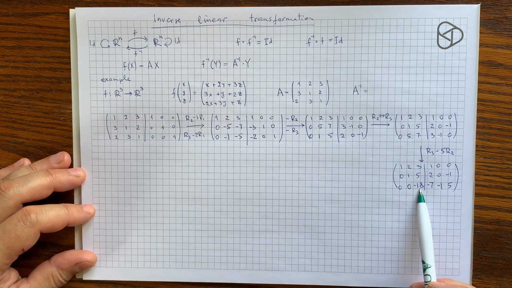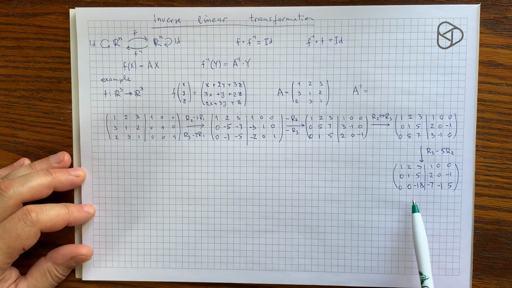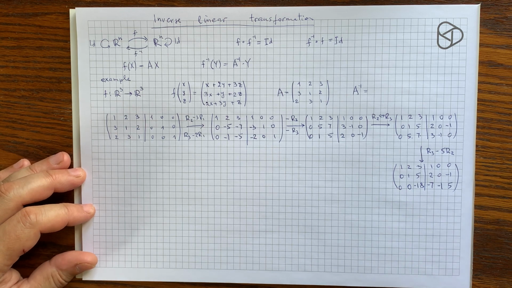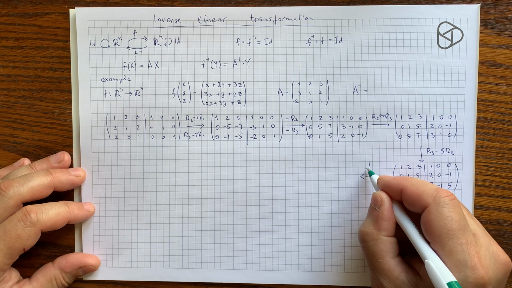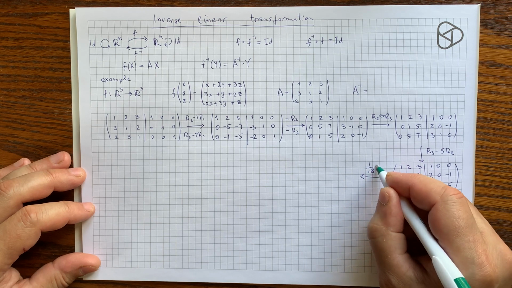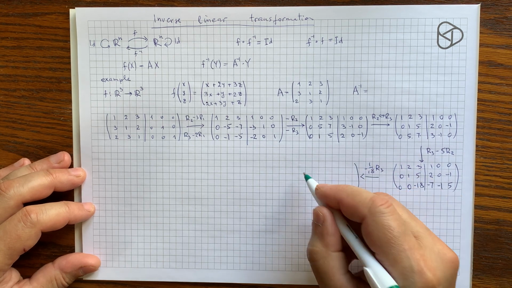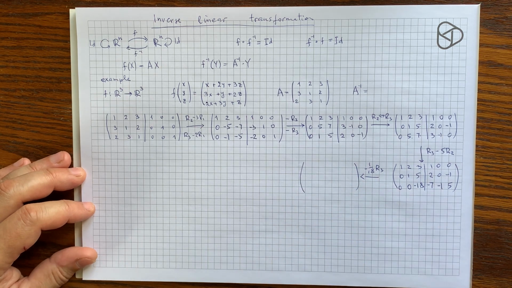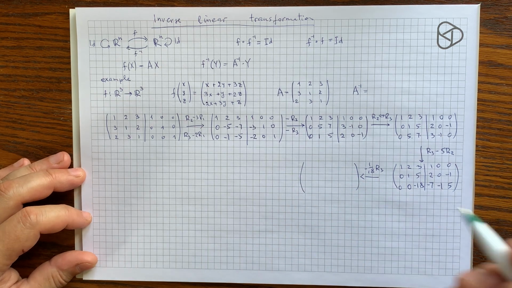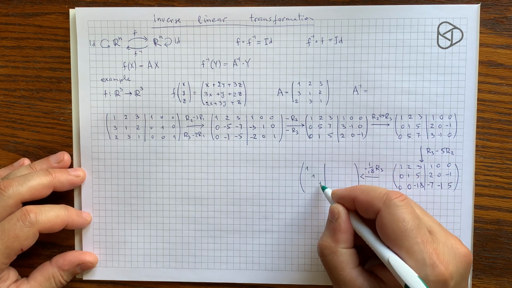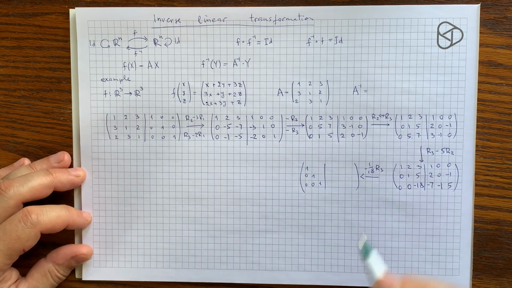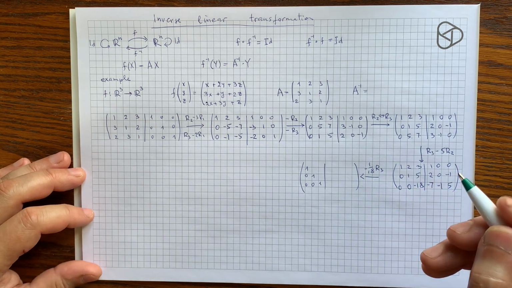If we scale it down to 1 by dividing the row 3 by -18, we will create a row echelon form, with ones on the diagonal and zeros everywhere below.